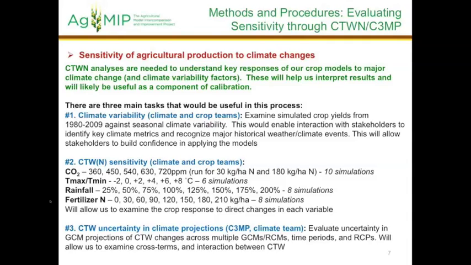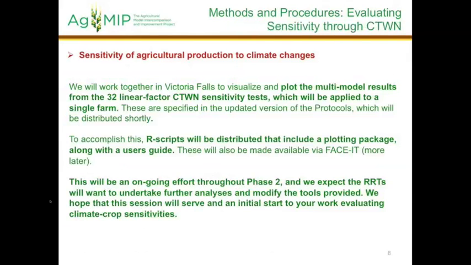The second bullet that you'll see here refers to a specific component of our work, one of two, and this is the CTWN single factor analysis, as you'll also hear it referred to. Here underneath, you'll see each category: carbon dioxide concentration, Tmax, Tmin, rainfall, fertilizer.